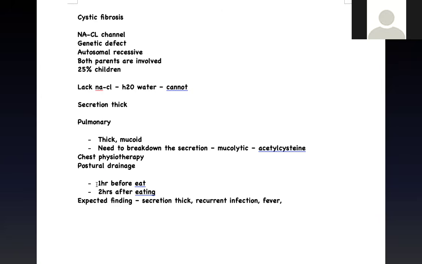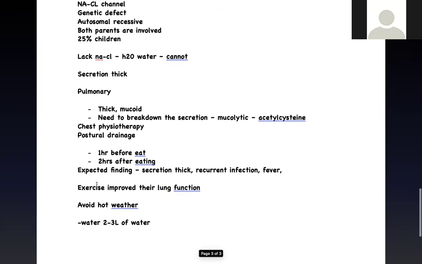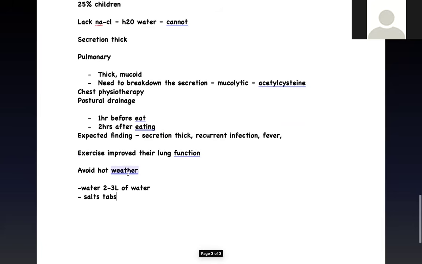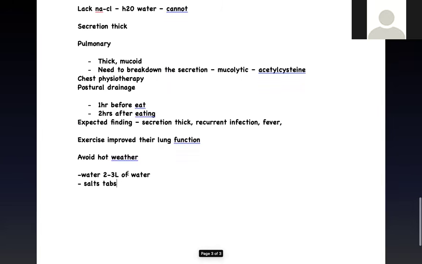It's not a priority. Pay attention. The other thing is we want them to exercise to improve their lung function. When they exercise, avoid hot water, and have some soft tap with you all the time. This is the pulmonary aspect of cystic fibrosis, and this is classic.